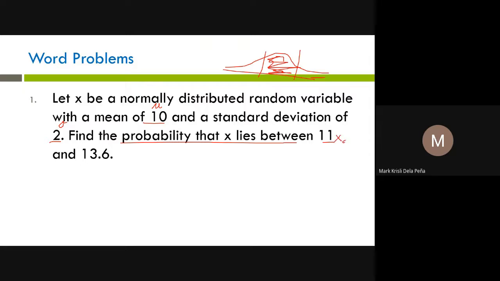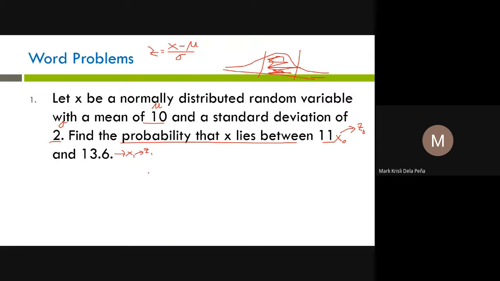Let's say this is our x sub 0, which will be converted to z sub 0, and this will be our x sub 1 to be converted to z sub 1. And recall our formula for z, that is x minus mu divided by sigma.